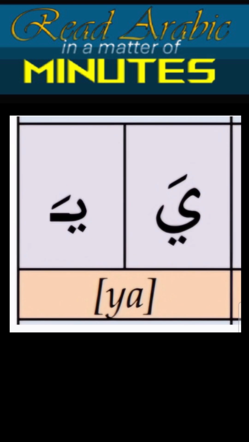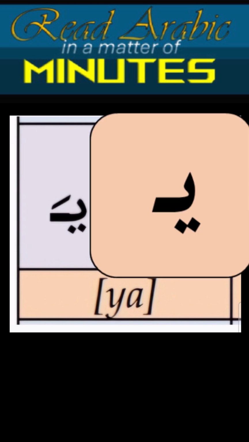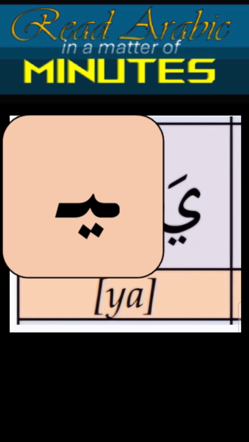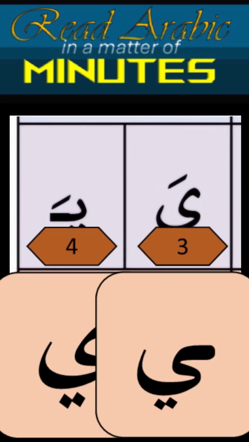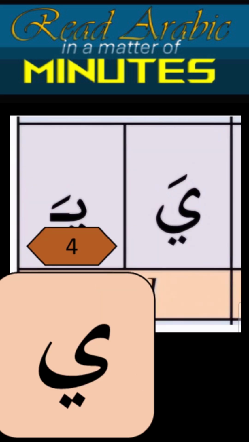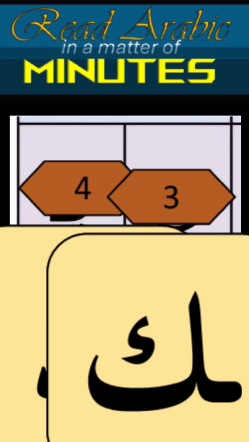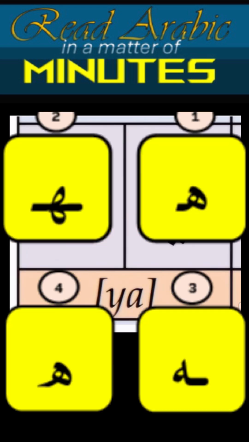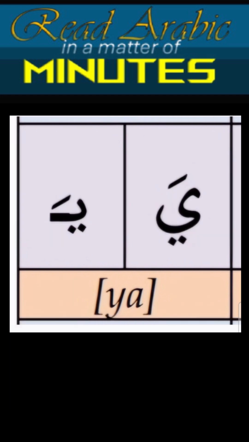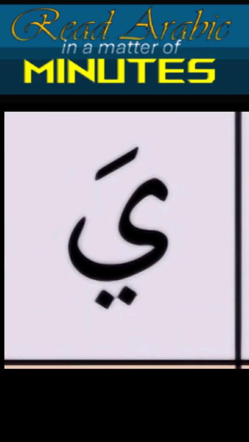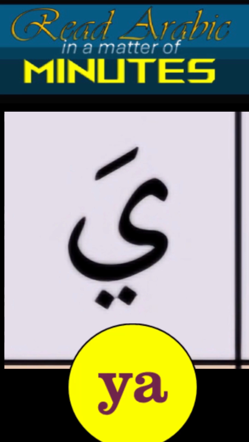Like we said, most of the letters have four distinctive forms, or all of them have four forms, but in most cases they change slightly, and in some cases they change actually a bit drastically, such as the kaf, the k sound that we explained before, and the h. The y, if it stands alone or at the end of words, can have this shape. You see, the y. And of course, if it has a fatha, it is ya.